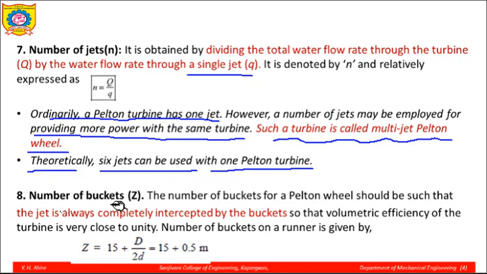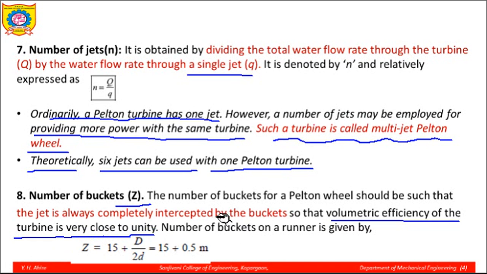Then we have the number of buckets, given by capital Z. The number of buckets for a Pelton wheel should be such that the jet is always completely intercepted by the buckets, so that the volumetric efficiency of the Pelton turbine is very close to unity.